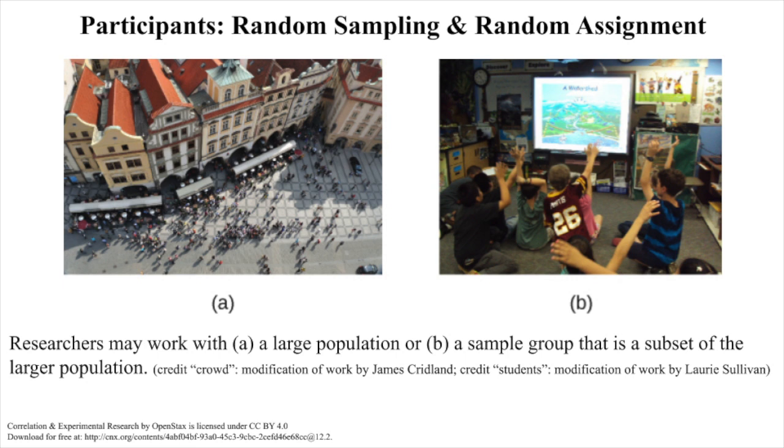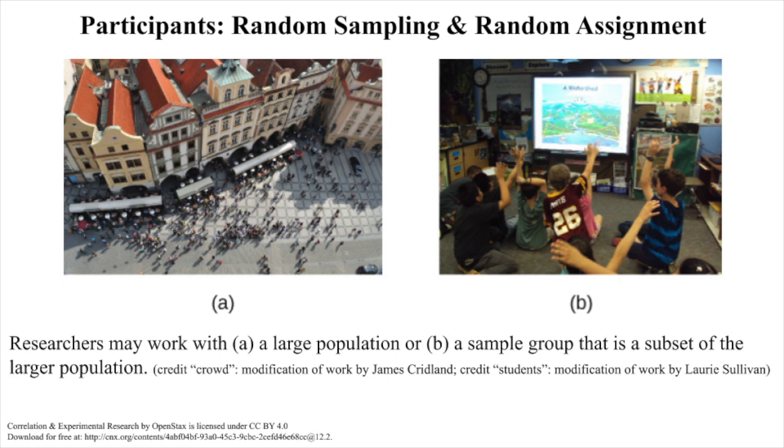Interpreting experimental findings. Once data is collected from both the experimental and the control groups, a statistical analysis is conducted to find out if there are meaningful differences between the two groups. A statistical analysis determines how likely any difference found is due to chance, and thus not meaningful.